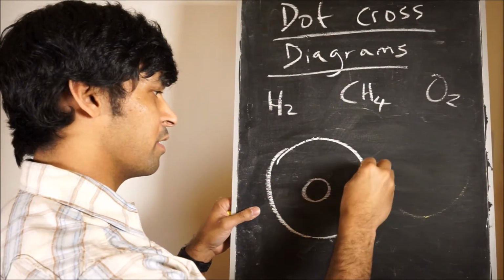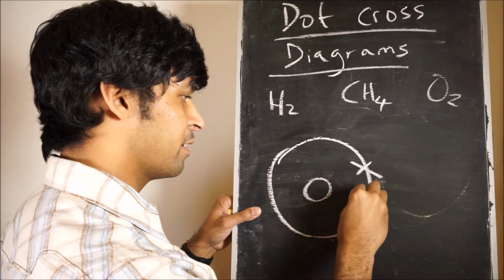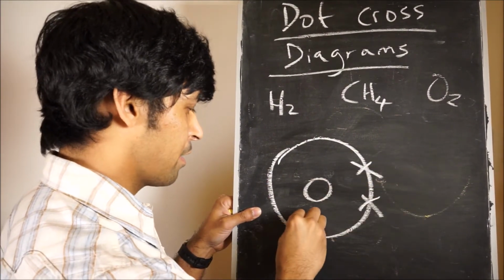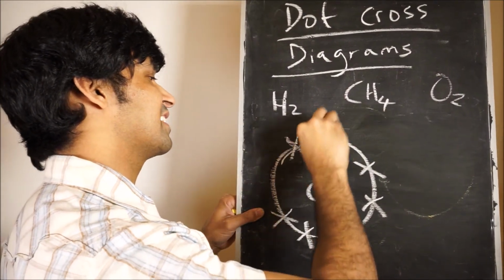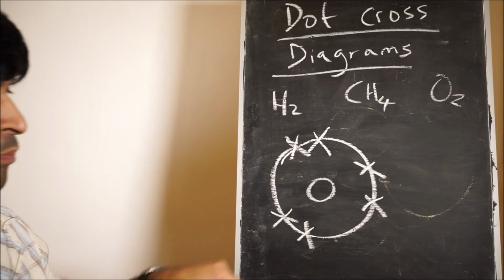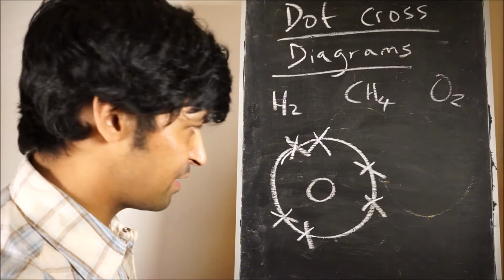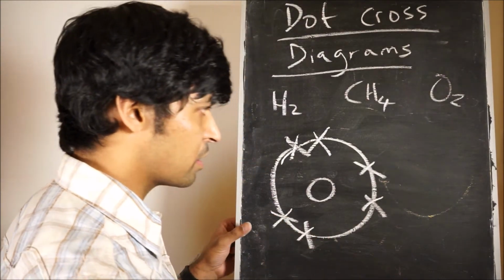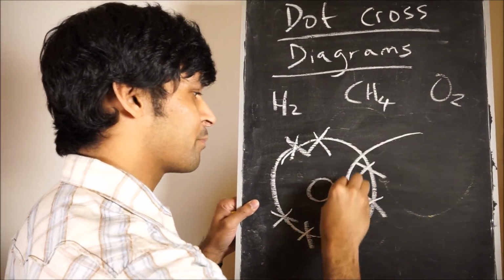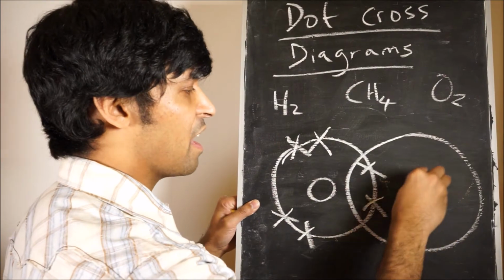So let's just draw those. You got 1, 2, 3, 4, 5, 6. I always tend to draw them in pairs. It makes it easier to draw. Easier for the examiner to check it as well. So nice hint there.